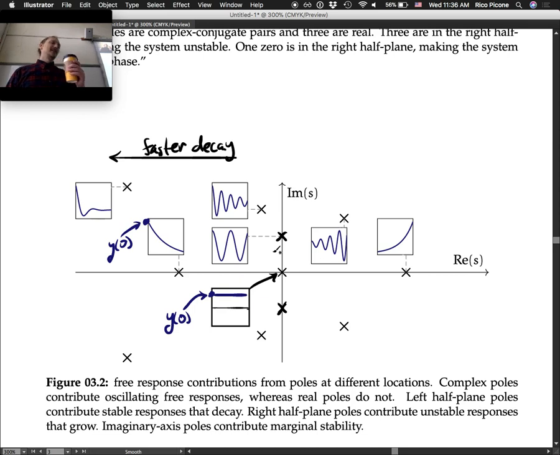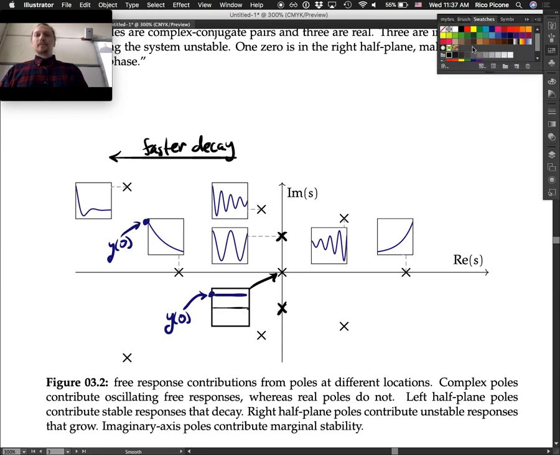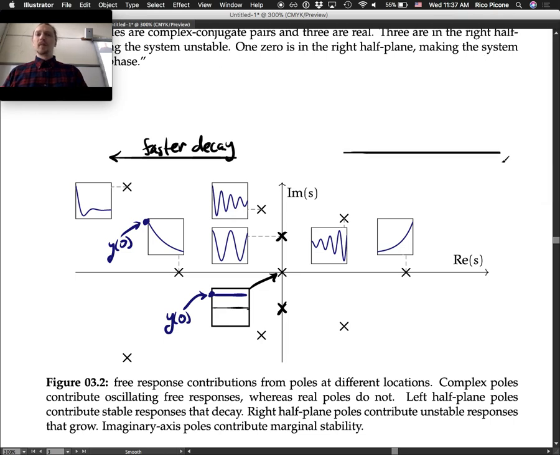So the classic example of this would be if you've got a ball that's rolling around on a frictionless surface, and you started off with some initial velocity to the right, and it doesn't have any friction.